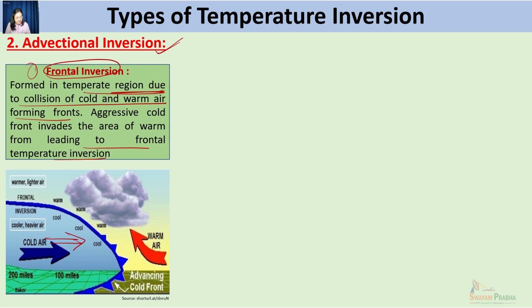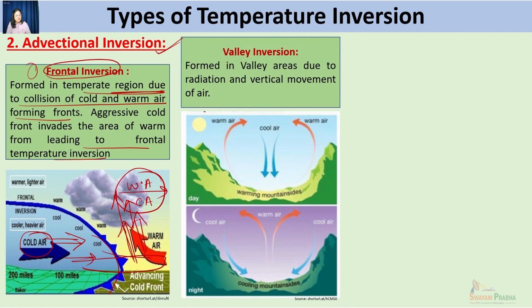So as the cold air invades, the warm air is forced to toss up, and in this process the cold air gradually takes over the place of the warm air, completely tossing the warm air to its upper regions, and finally cold air lies beneath the warm air, leading to the formation of frontal temperature inversion.